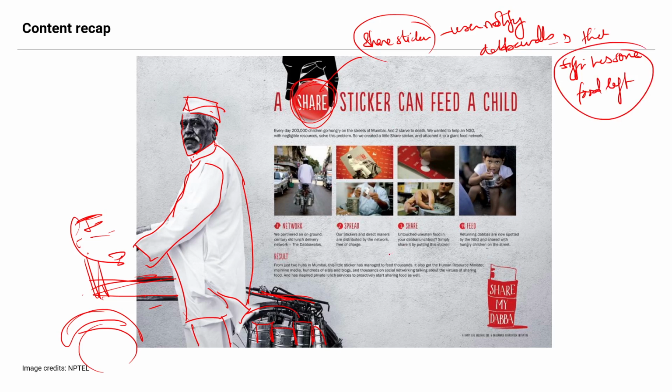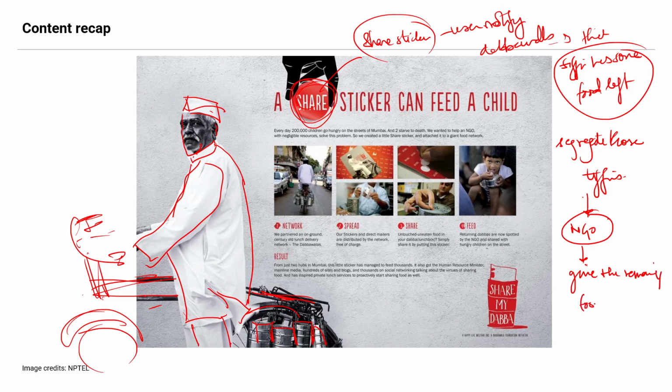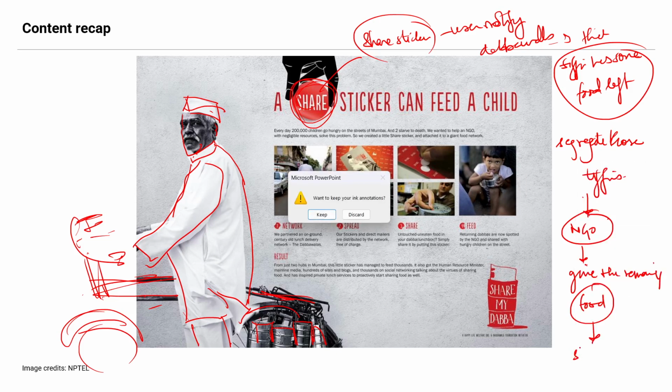They would segregate those tiffins, and they would have a tie-up with an NGO, and they would give the remaining food, which can actually help feed the street children.